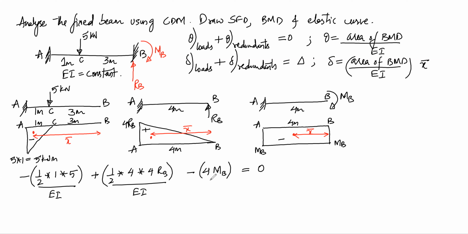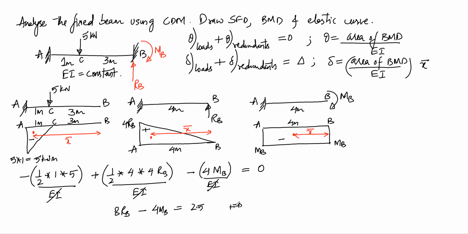So on simplifying this, there is divide by EI here, so I can take 1 by EI and send it to the right side, so it will get cancelled. So if I simplify this equation, I will get 8RB minus 4MB is equal to 2.5.